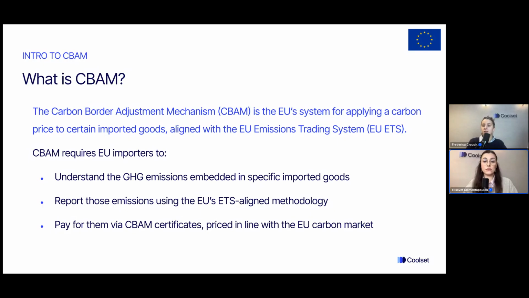So understanding the specific GHG emissions which are embedded in their goods, and then it requires you to report on those emissions using the EU ETS aligned methodology, and then pay for them via CBAM certificates priced in line with the EU carbon market. So it's extending the EU ETS to those outside of the EU.